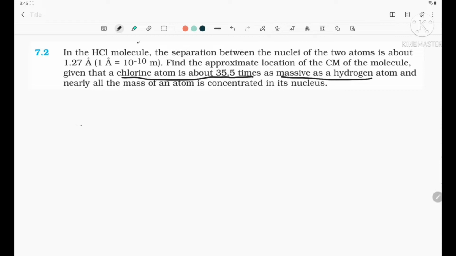So we will consider a hydrogen atom and a chlorine atom. It is assumed that the mass of both the atoms is concentrated in its nucleus, so we can consider these two to be point masses. And the distance between these two is 1.27 angstrom.